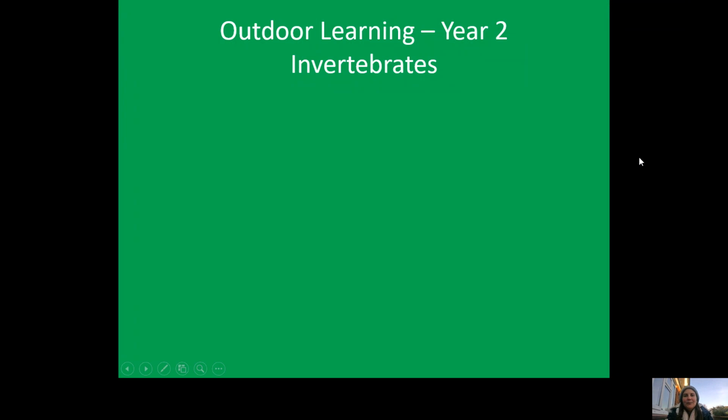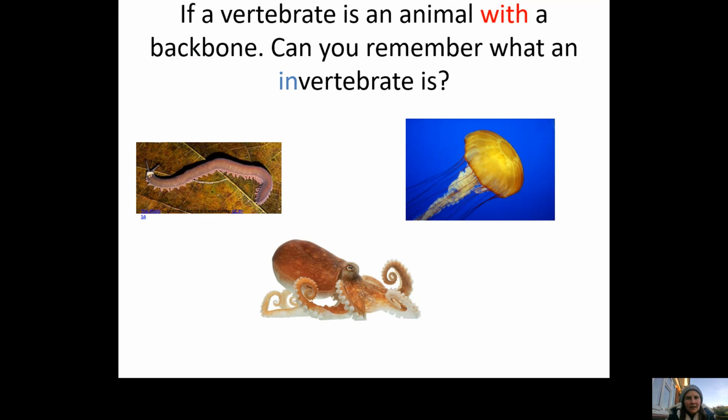Fantastic. So our topic is invertebrates this term. And last week we were looking at the difference between vertebrates and invertebrates.